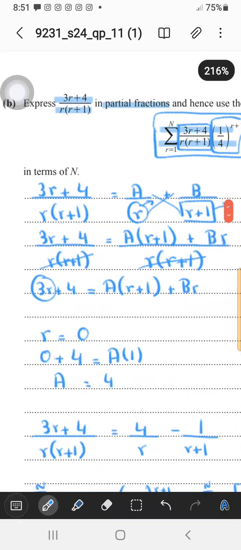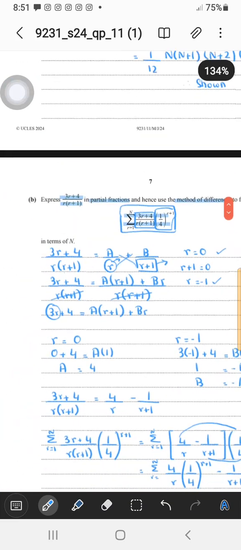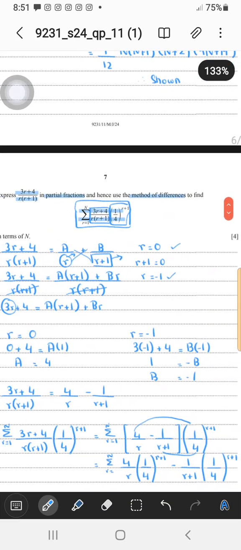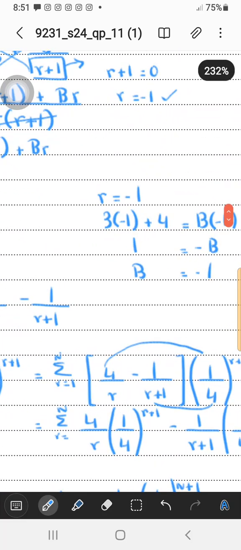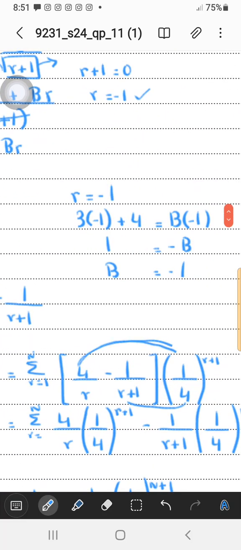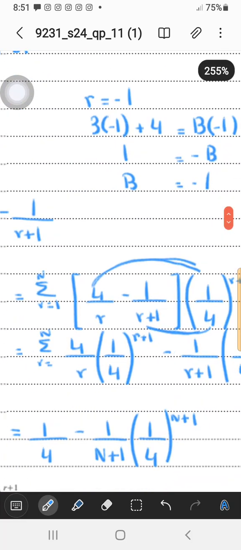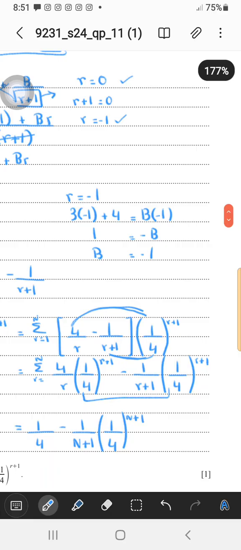We inserted both r is equal to 0 and r is equal to negative 1 and we got a is equal to 4 and b is equal to negative 1. Then our partial fraction is completed here. Then we did method of differences. We just write like this and multiplied it to get two terms. Then we got these two terms, so it will be helpful to cancel them.